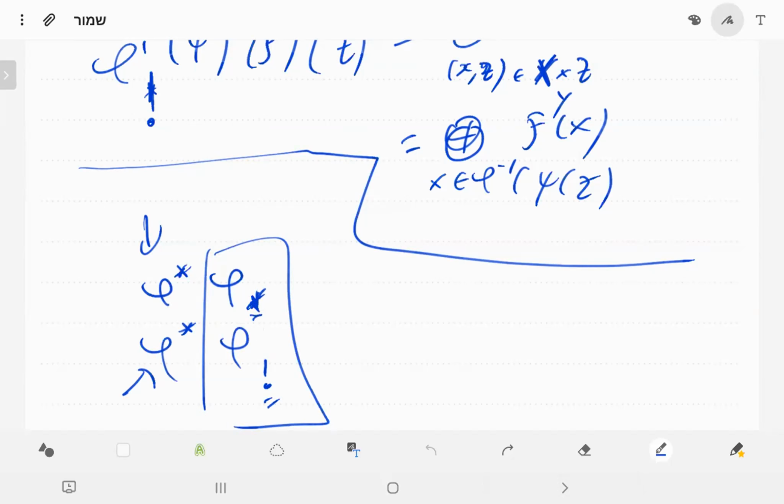And the general, like the topological analog of finite is compact. So if everything is compact, then you expect lower shriek and lower star to be the same. And often this is called proper push forward, and this is called push forward. Or this is called push forward with compact support, and this is just push forward. Like in homologies, you probably know that homology or cohomologies with compact supports and just usual cohomologies. And so in compact situations, they are both the same.